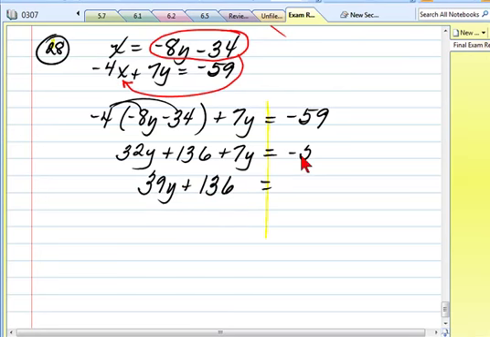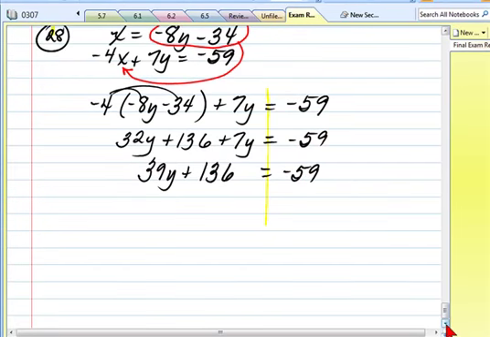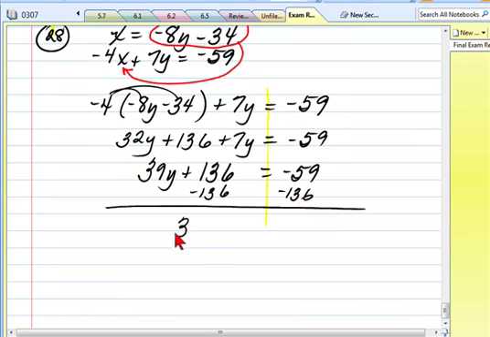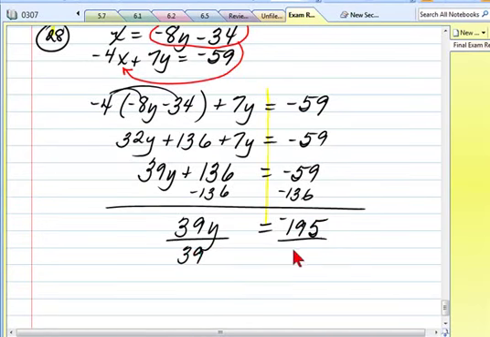And all of that is equal to negative 59. I'm going to subtract 136, and somebody please add for me. Okay, I have 39y equals negative 195. Divide both sides by 39.